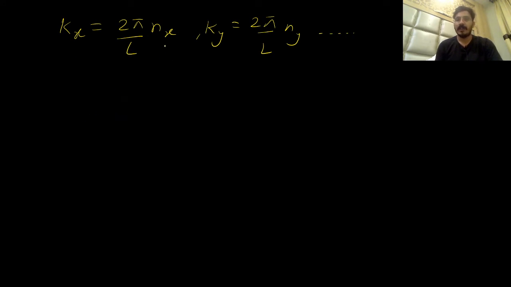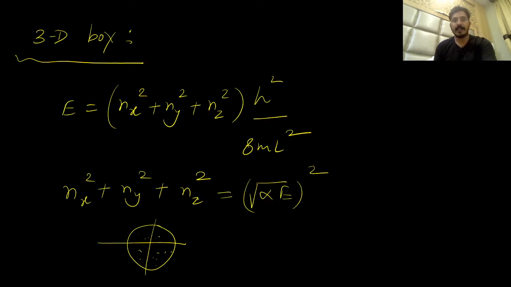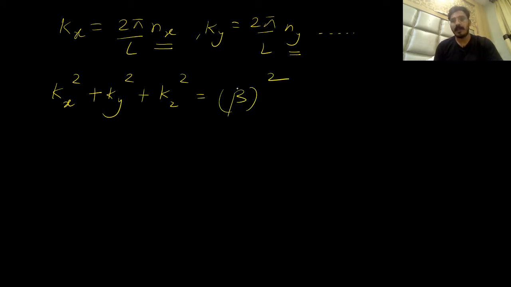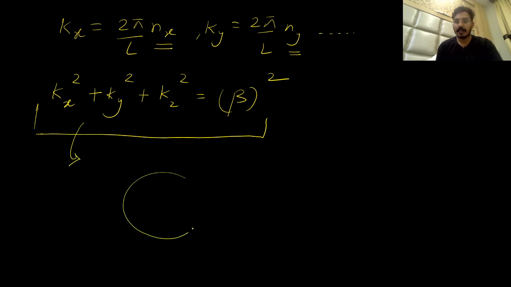So from here we can put the value of nx, ny, and nz. If we put this value here, the same equation will convert into kx² + ky² + kz² equal to some constant beta squared.